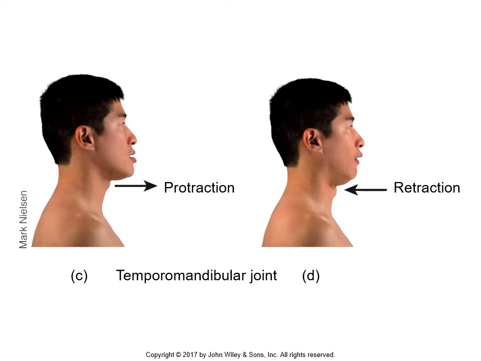A little easier example is the shoulder. If I roll my shoulders in and forward as much as possible, that's protraction of the scapula. If I pull my scapula back and together, that's retraction, almost like I'm trying to stick my chest out. What you're doing is actually retracting the scapula when you do that.